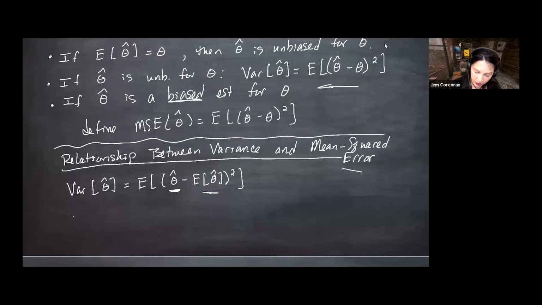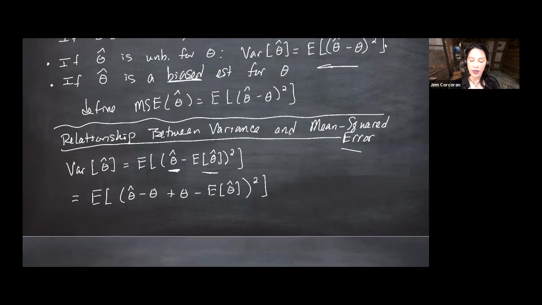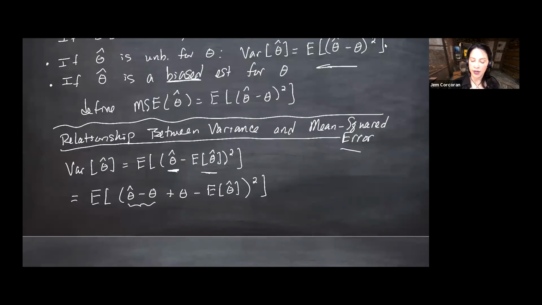So I'm going to do a little give and take here. I'm going to rewrite this as the expected value of theta hat minus theta plus theta minus the expected value of theta hat, and square that whole thing. Actually, before squaring, this guy over here is the negative of the bias term that we defined last time.